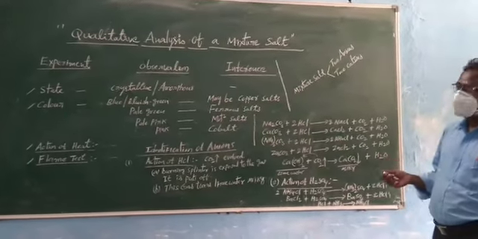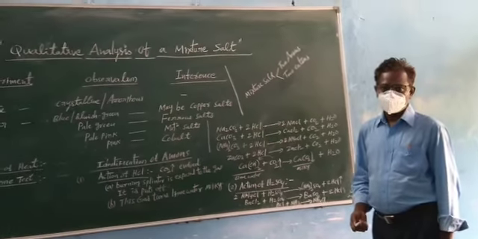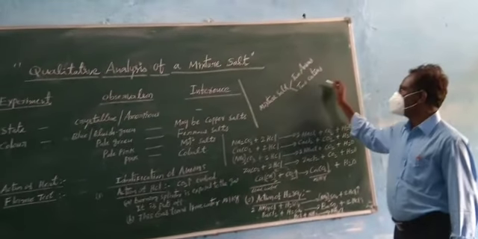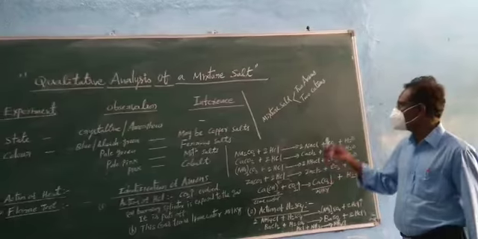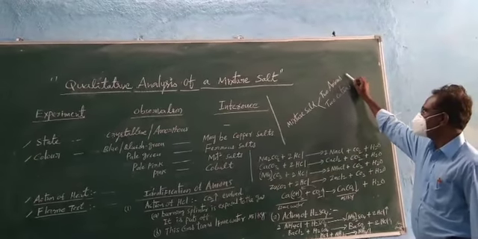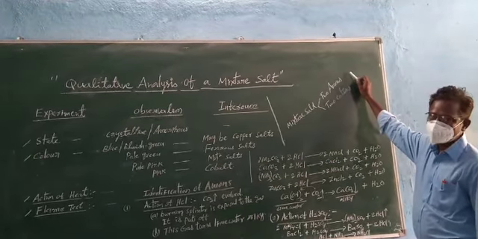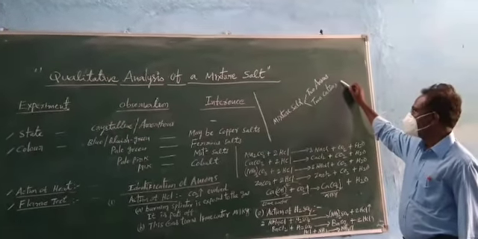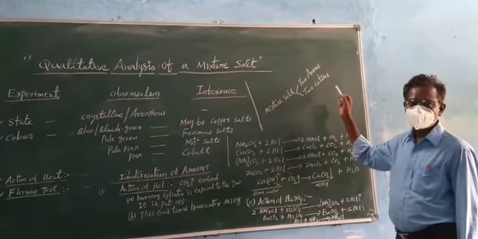Anion means a negatively charged ion, and a positively charged ion is known as a cation. So anion is the negative part of the salt, and cation is the positive part of the salt.